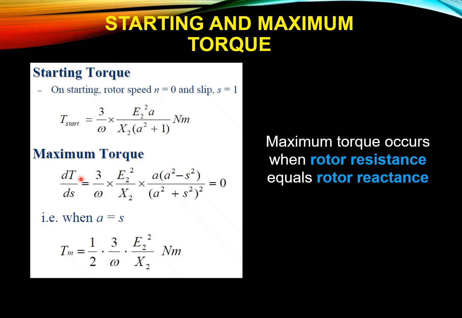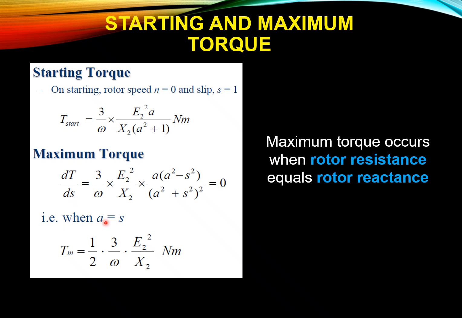And maximum torque is dT over ds. This is the differentiation of the torque at the maximum speed. So you can just replace the value. dT over ds is always 0 at maximum, because it's already maximum, so no other changes.